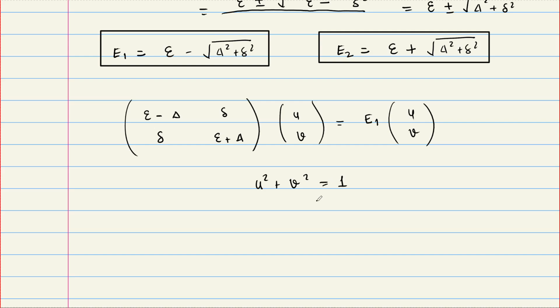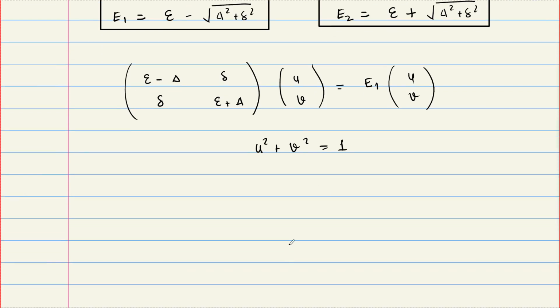U and V can be complex, but let me not get into that. For the moment, let's keep it simple and imagine they are real. I need to find V in terms of U, and if I use this relation, I find U. If I find U, I find V. Then the problem is over.